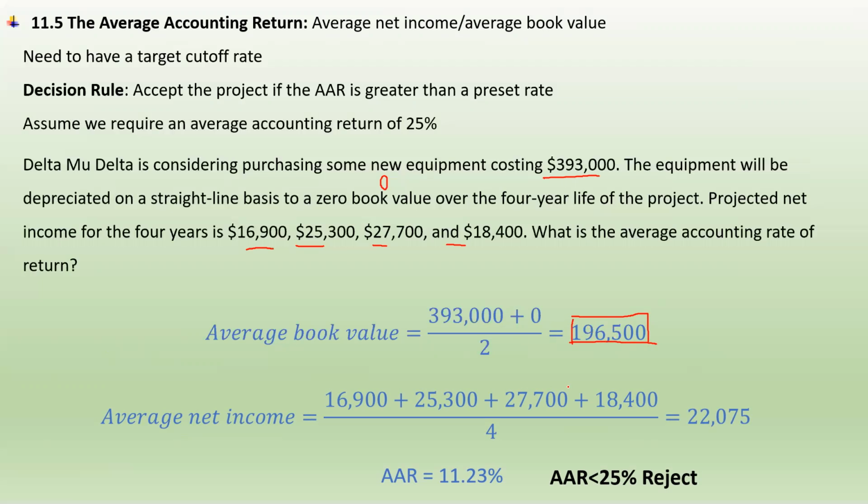Some of you ask why we calculate average book value like this. So let's think about the depreciation. It equals the price of this fixed asset minus 0, divided by 4.